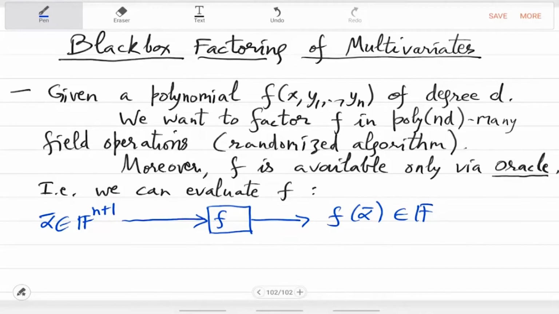So this box is given to you. You can also think of it as a computer program or a subroutine, but the inside details are not accessible. It's just a function evaluator.